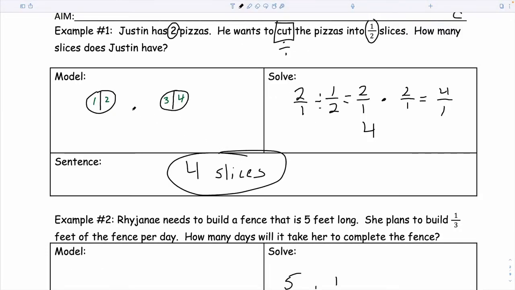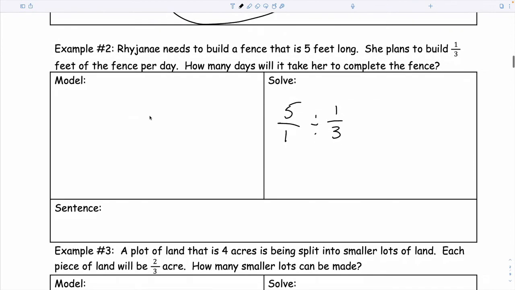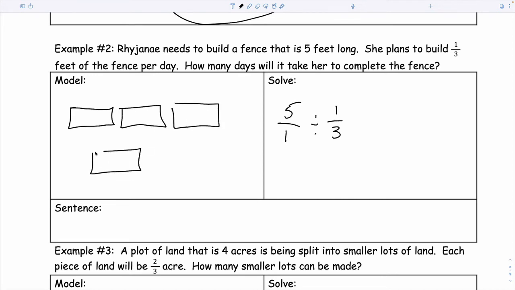So if you started out with 2 pizzas in the first problem, we need 5 feet total. So let's separate out these feet. So there's 1 foot of the fence, there's 2, there's 3, there's 4, and there's 5 total feet. And then we want to know how many days.